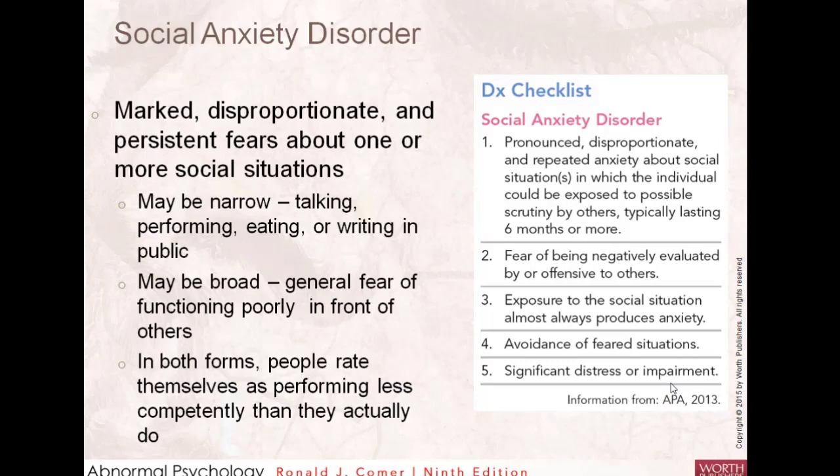Now, another example of a phobia that's not as specific would be social anxiety disorder. Now, social anxiety disorder can happen in specific social situations, or it could be any social situation. So, for example, a lot of people are afraid of performing in front of others, or maybe afraid of speaking.